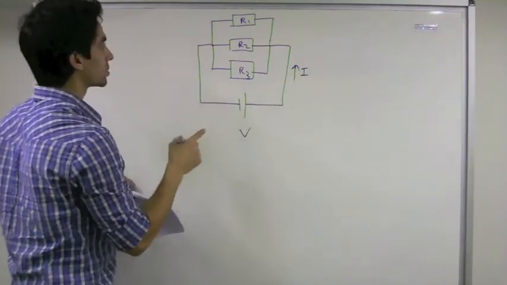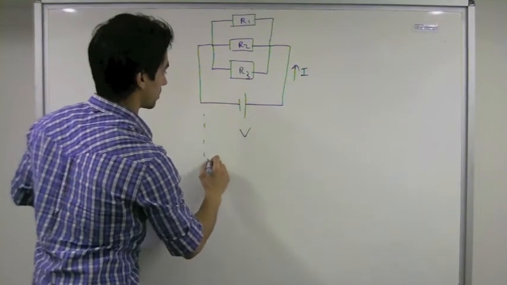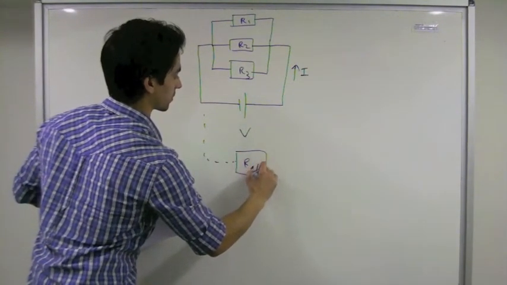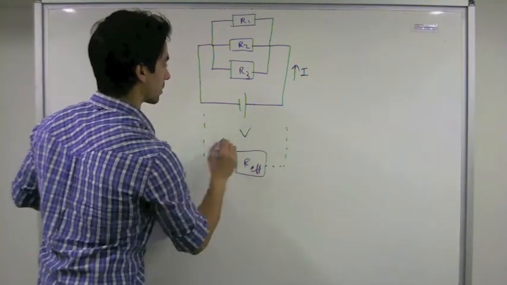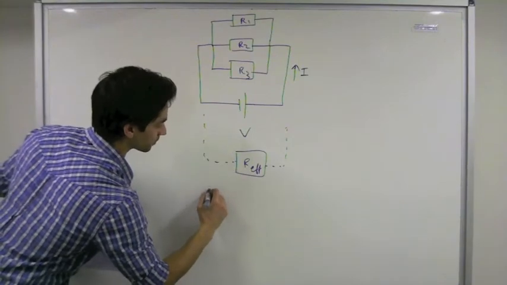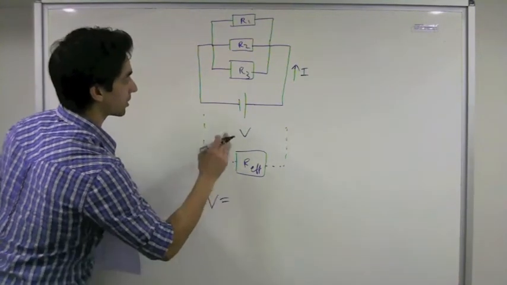Okay? So if these were to be replaced with just one R effective, we would have V equals, or rather the current.